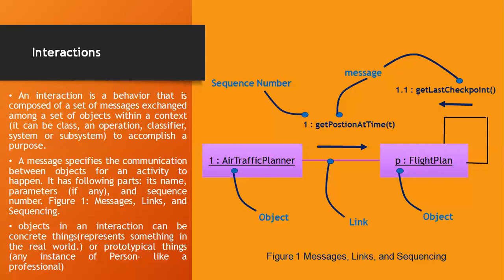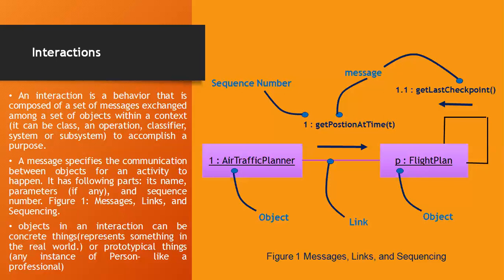Graphically, a message is rendered as a directed line with the name of its operation, like what we have seen in this figure. The objects that participate in any interaction are either concrete things or prototypical things.